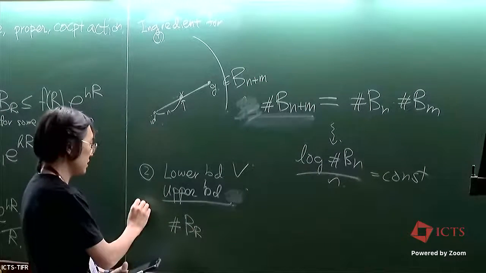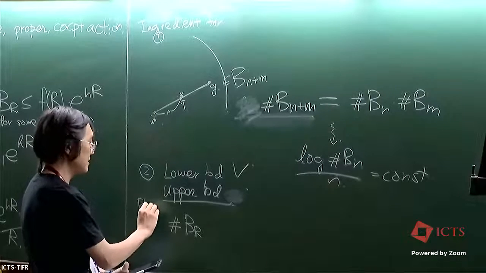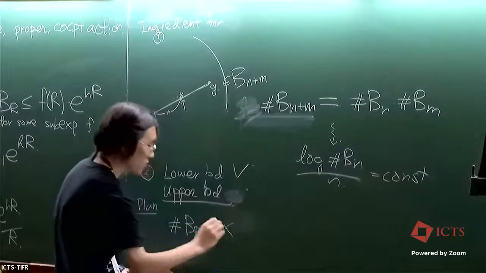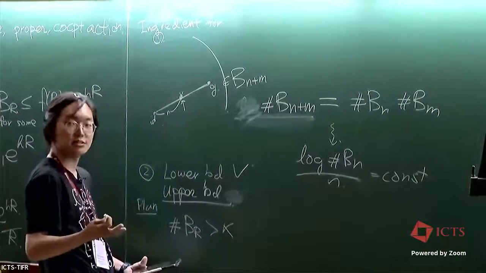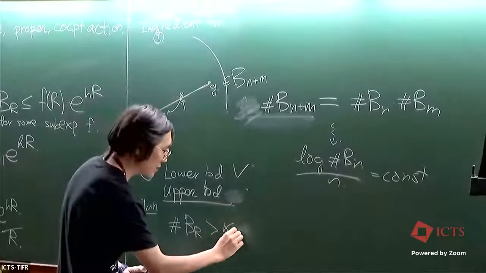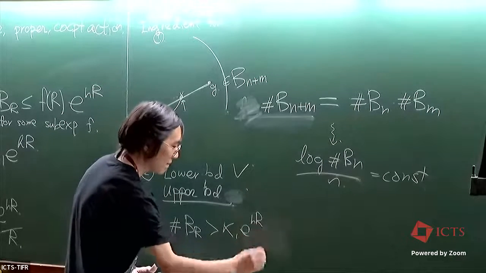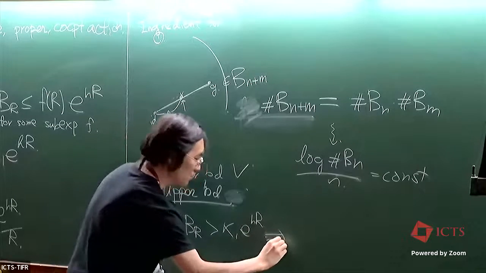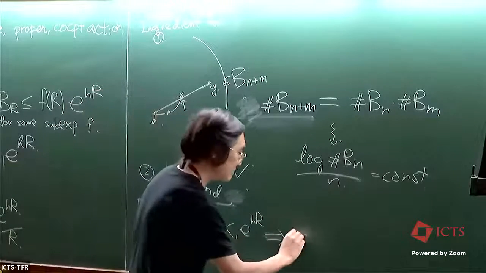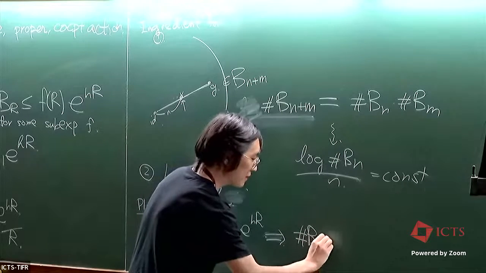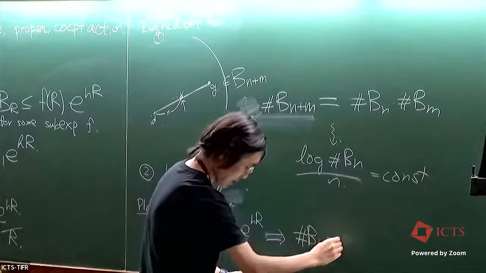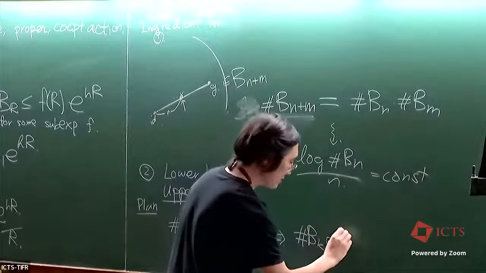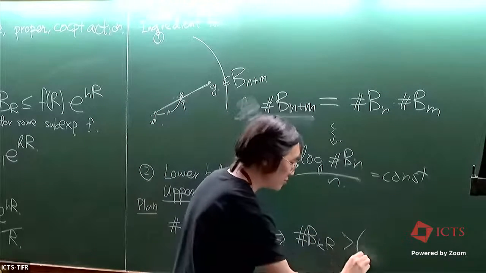The plan, or the hope, is that towards a contradiction, if we had something like this, then we hope this implies the cardinality of the ball of radius k times r exceeds what it should be.